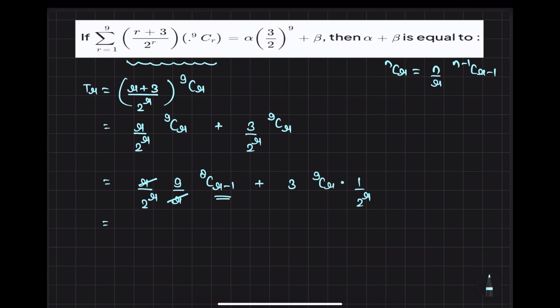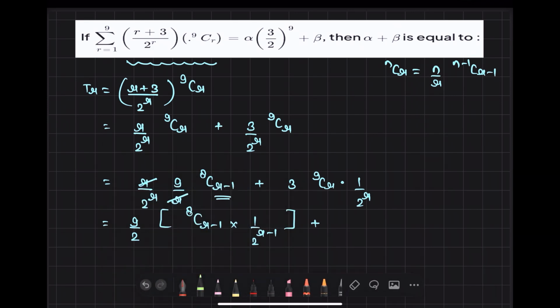So I will take 9 by 2 common. So inside the bracket we will be left with 8c r minus 1 into 1 by 2 power r minus 1. Okay, plus this thing is done. First part is okay.